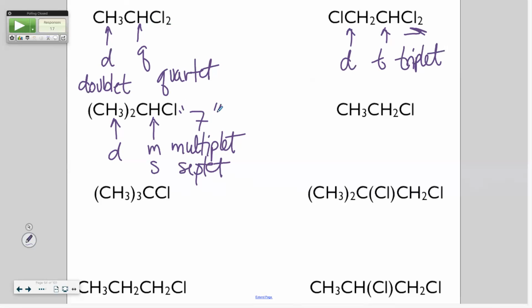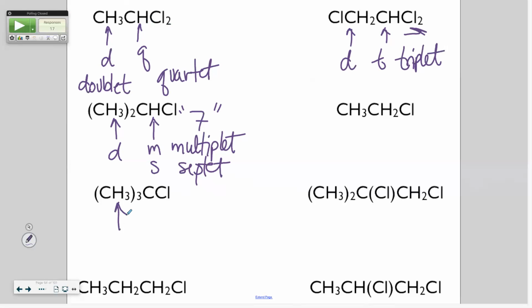Which one of those, the methyls or the CH, do you think is going to be the farther downfield peak? The CH, because it's next to the chlorine. Which one do you think will be taller? The methyls, because how many hydrogens make them up? 6. All right, what about this one? How many kinds of hydrogen are in there? 1.